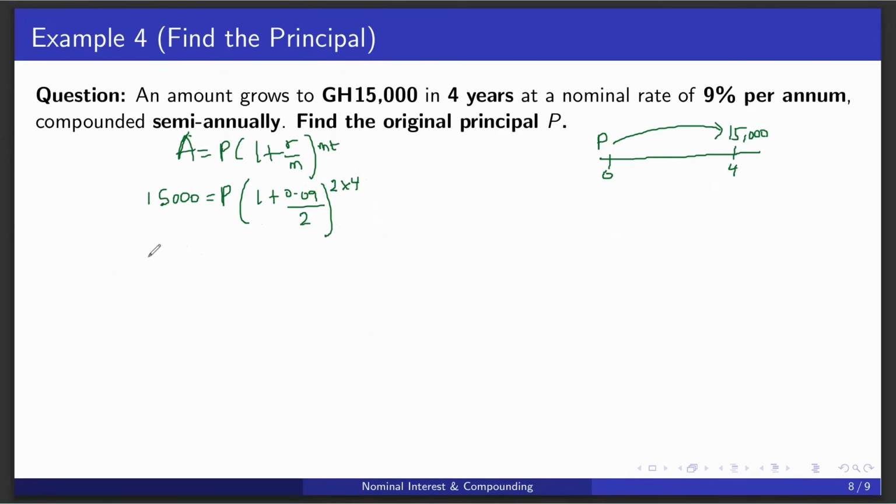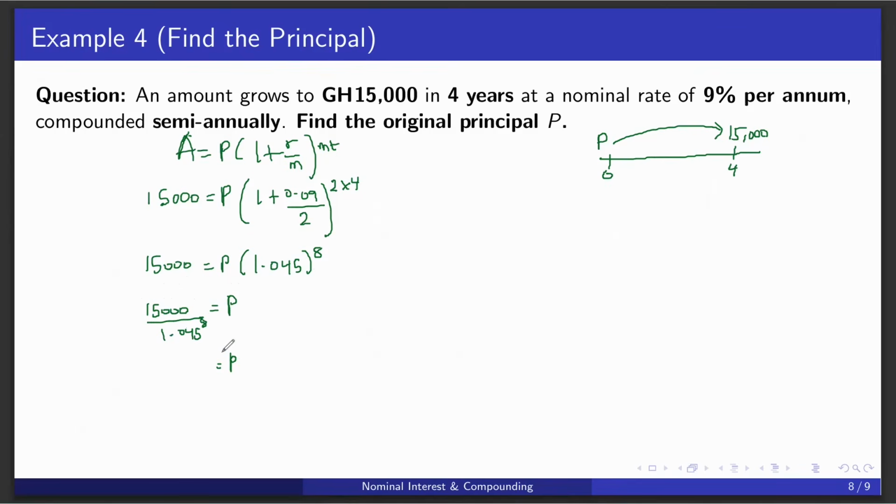So we can simplify this to get 15,000 equals P times 1.045 to the power 8. Therefore, P is going to be equal to 15,000 divided by 1.045 to the power 8.